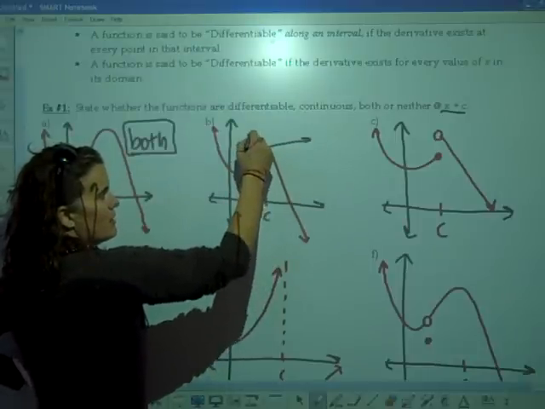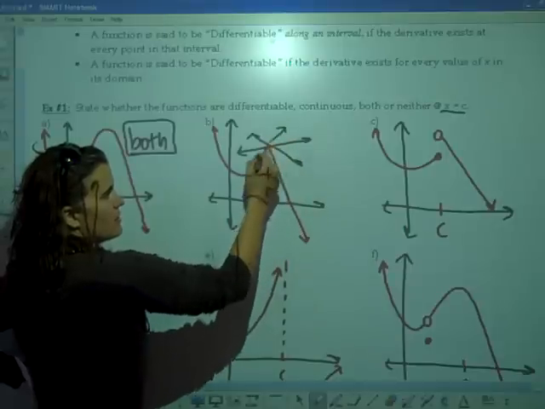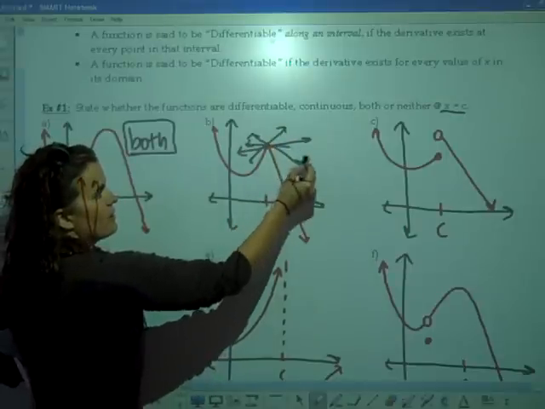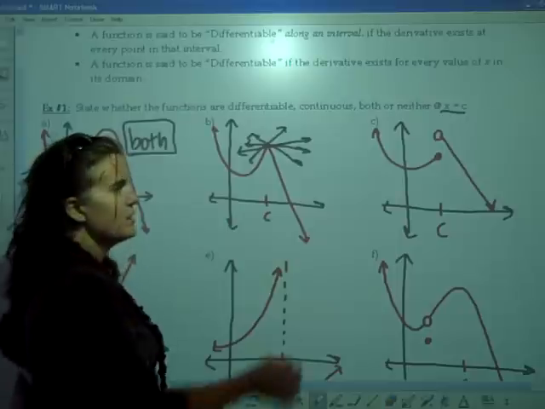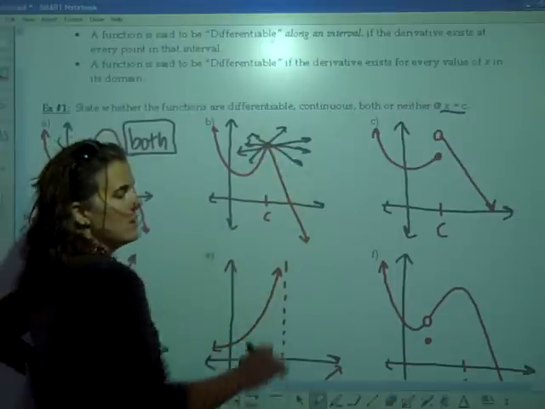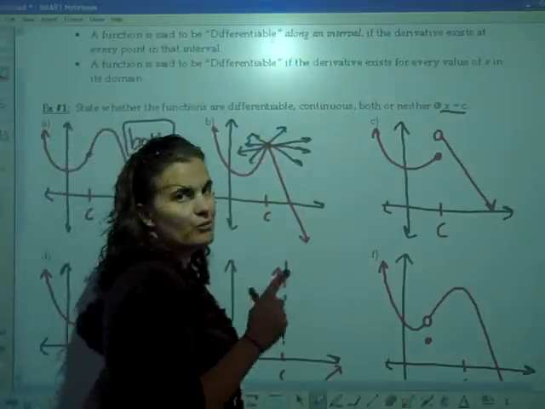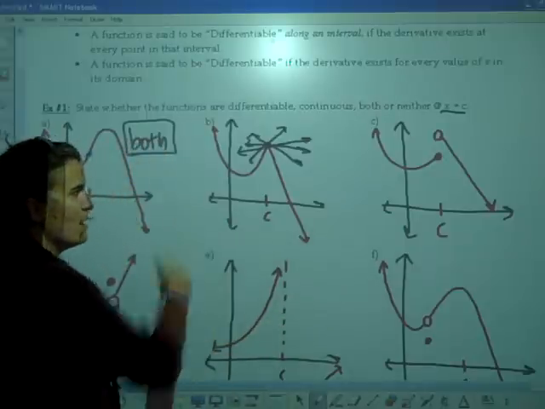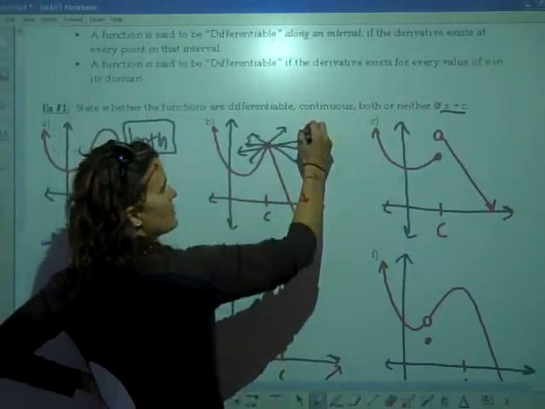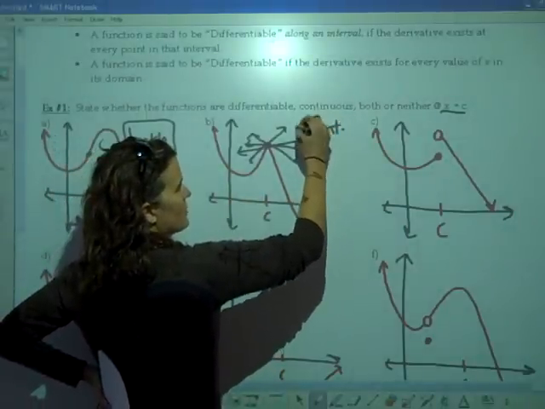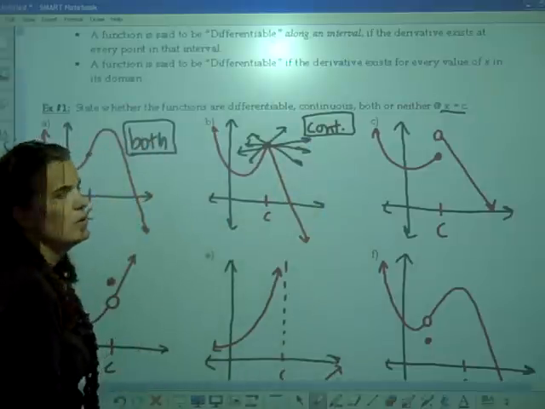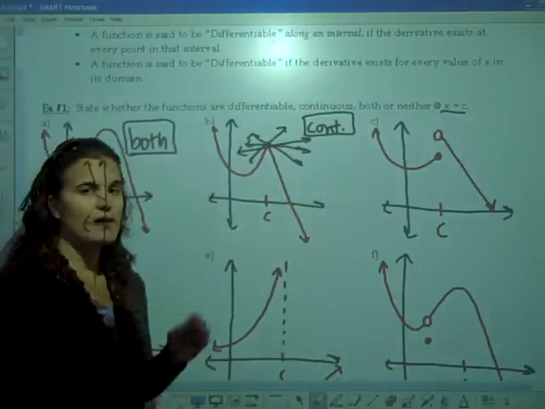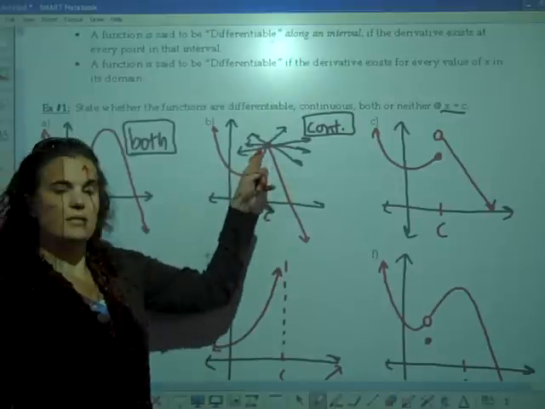That would be a tangent line, that would be a tangent line, this would be a tangent line. I could sit here forever and draw in lines that would touch at just that one point right there. There would not be one unique tangent line. So because of that, we know that cusps are continuous, but they are not differentiable. Okay? So this cusp is continuous, but we cannot take the derivative at c.